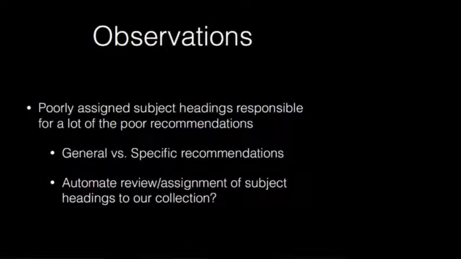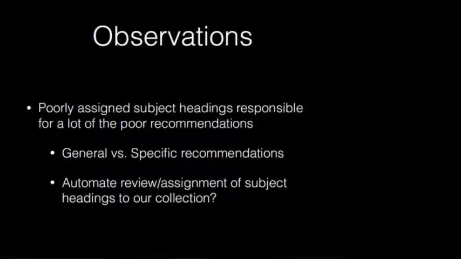And then we have the problem of poorly assigned subject headings, responsible for a lot of the poor recommendations. Incorrectly assigned subject headings were bringing back some pretty bad results that weren't really related. And also the problem of general versus specific recommendations. For example, if you were looking for an introduction to Java programming, and your returned results were a specific Java framework or more advanced topics.